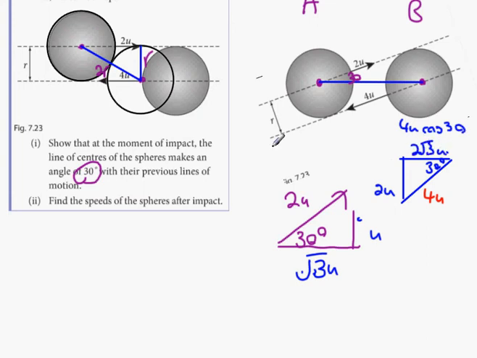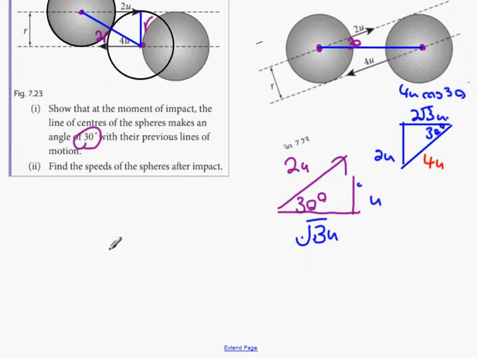Now find the speeds of the spheres after impact. What are the two equations we always write down at the start? PCM, the principle of conservation of momentum: m1u1 plus m2u2 equals m1v1 plus m2v2.